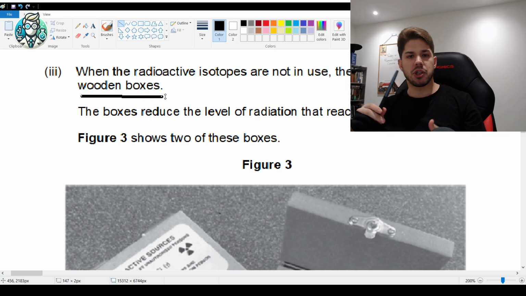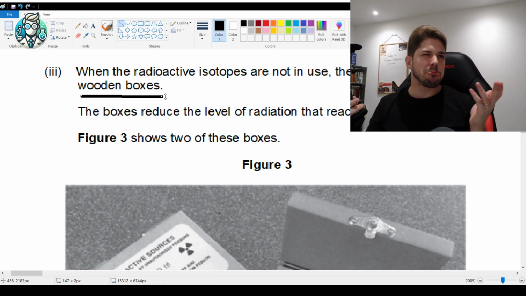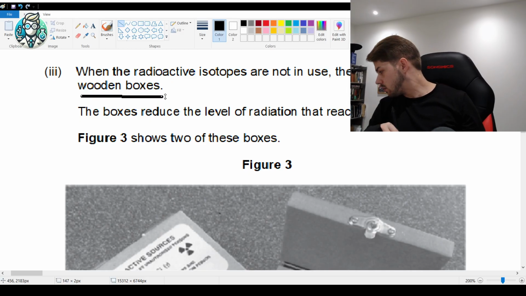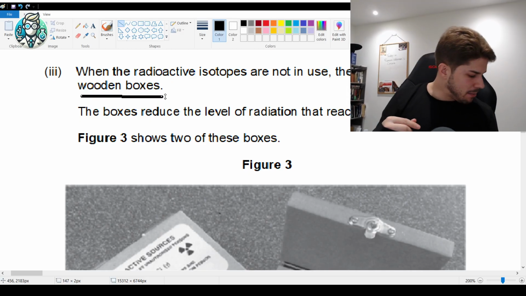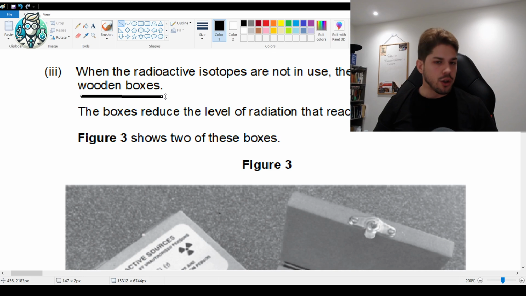Just a paper sheet stops alpha radiation. And beta can be stopped with aluminum foil. I don't have any aluminum foil around me, but aluminum foil can stop beta particles. Therefore, if we have a lead-lined wooden box, only gamma radiation can pass through it.